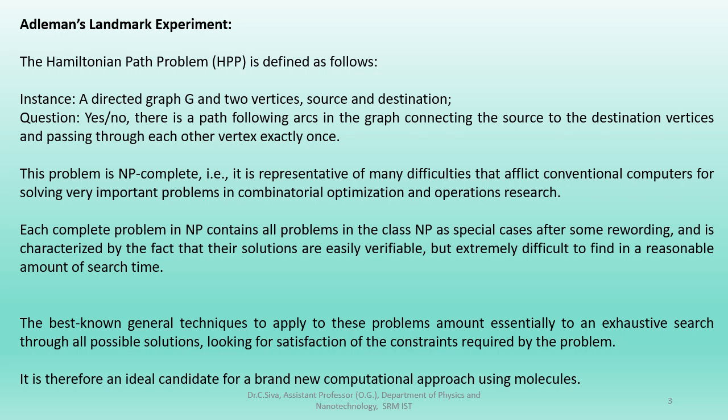The question is whether there exists a path that visits every other vertex exactly once. The problem given here is NP-complete, meaning it represents the most difficult type of problems faced in optimization and operations research.